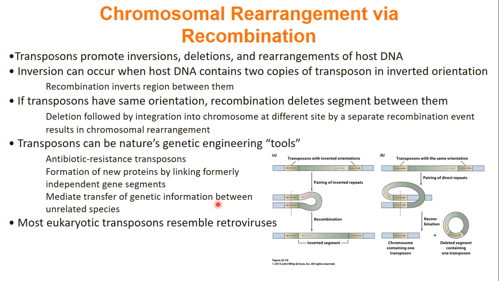And when we look at eukaryotic transposons, we can see that they actually look a lot like viruses. So possibly that is where eukaryotes got them from, and prokaryotes as well. It could have been from a retrovirus.